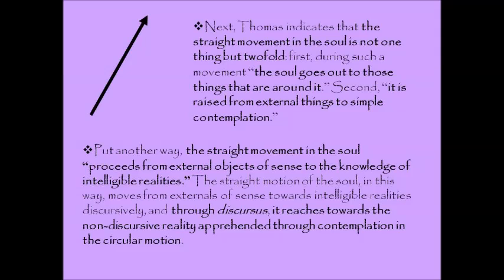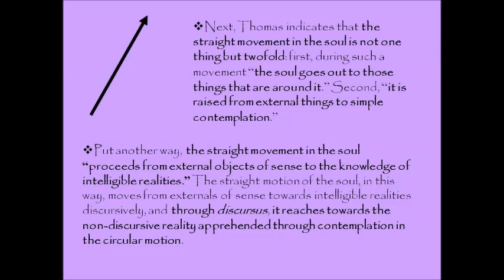Next, Thomas indicates that the straight movement of the soul is not one thing but twofold. First, during such a movement, the soul goes out to those things that are around it. Second, it is raised from external things to simple contemplation.